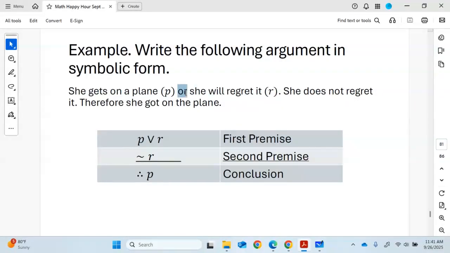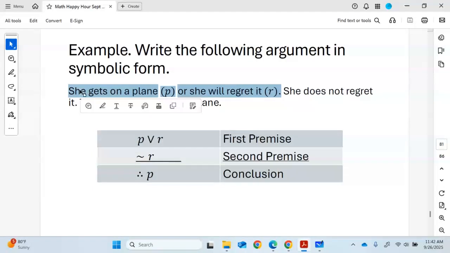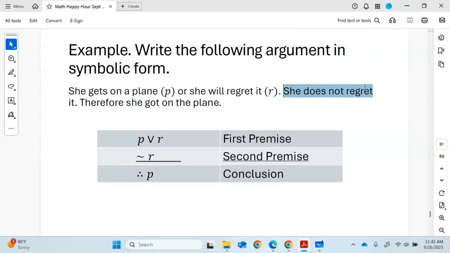And I have my "or" proposition, so that's the disjunction. So to represent this argument, my first statement would be P or R. Then I have she does not regret it. Well, if R represents she will regret it, that is the opposite. That's the negation.